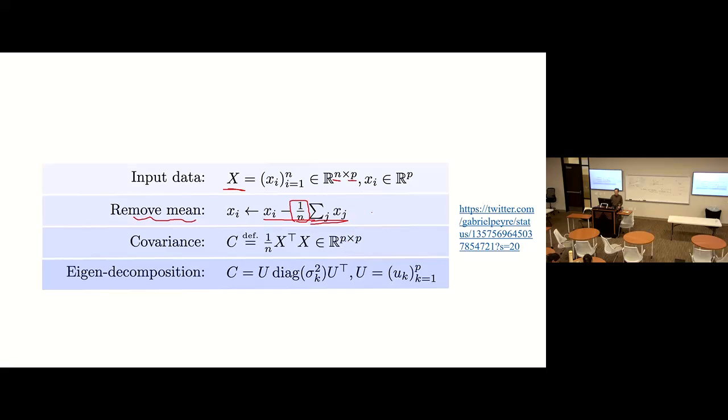Now you compute a matrix C, which is the covariance matrix, which has the shape of P times P. So this is a squared matrix for genes, between genes. This matrix is computed as X transpose times X itself divided by N, the sample size.